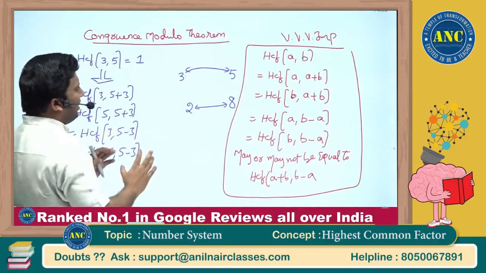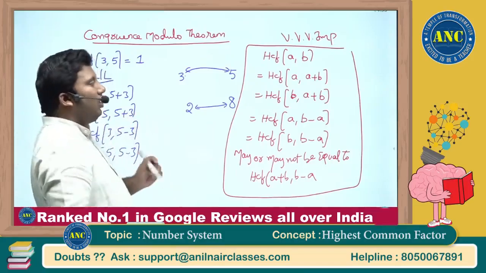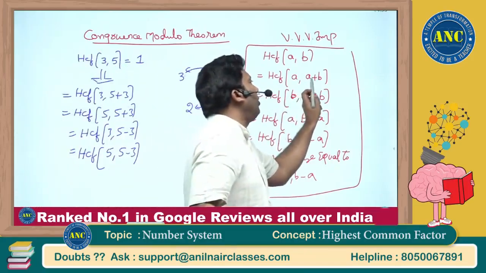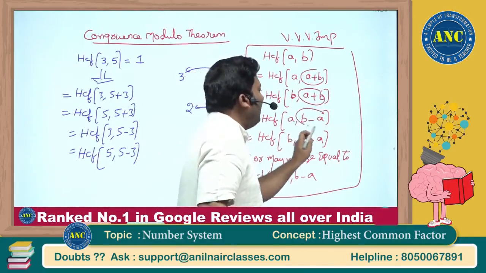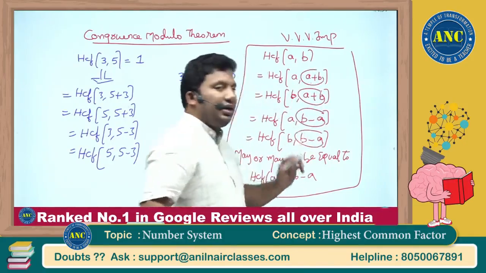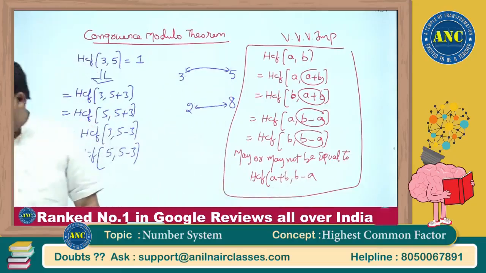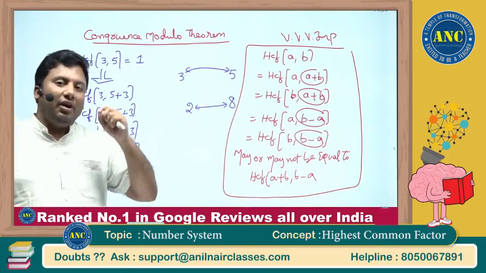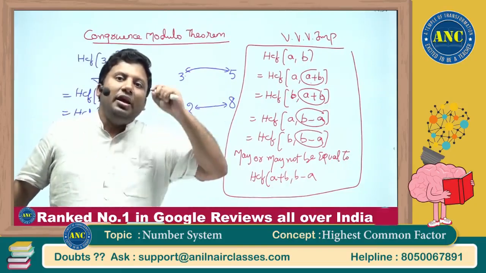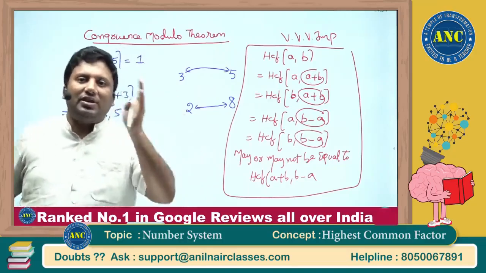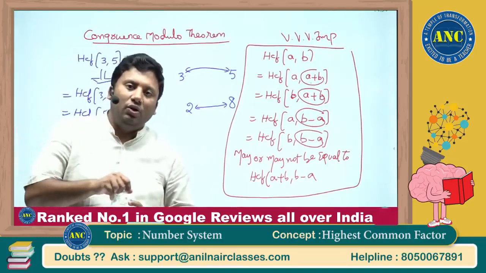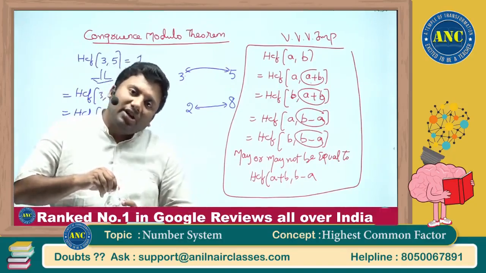That means, can I say HCF is congruent under modulo addition, and it is also congruent under modulo subtraction. If we have to find the HCF of two numbers, instead you can do individual with the addition of two numbers, or individual with the subtraction of two numbers.